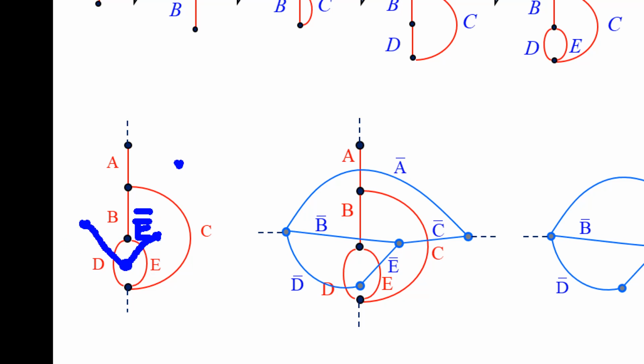Again, connect between this point and this point and cut the D line, so this one must be controlled by D but active low.